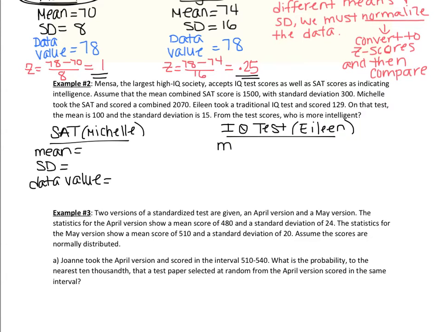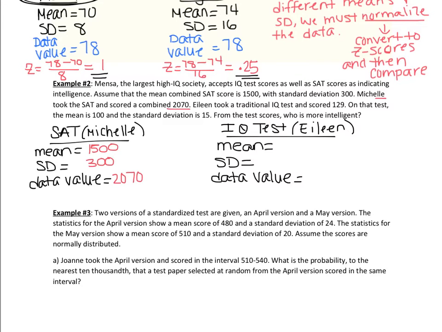And the same thing, find the mean, the standard deviation, and the data value for Eileen. So why don't you pause the video and see if you can put that information in. Okay, the mean for the SAT is 1,500, the standard deviation was 300, and Michelle's data value is 2,070.